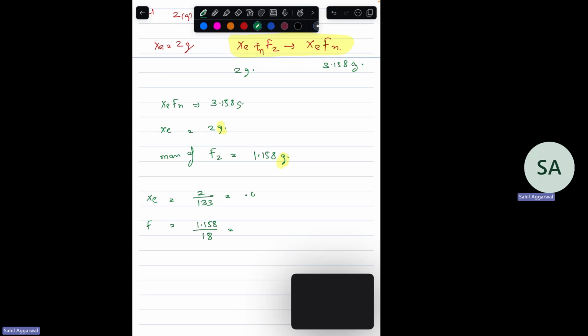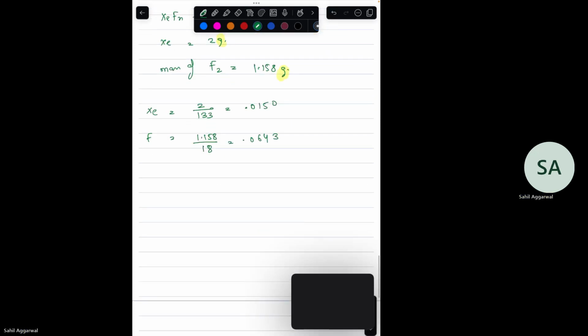This will come out to be 0.0150 and it is 0.0643. These are their moles. We want the empirical formula, so we will divide by the smaller one.